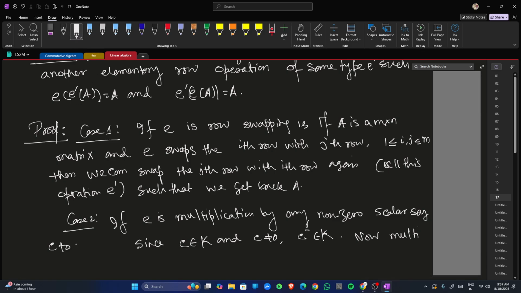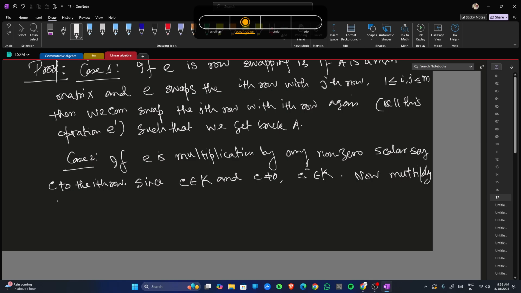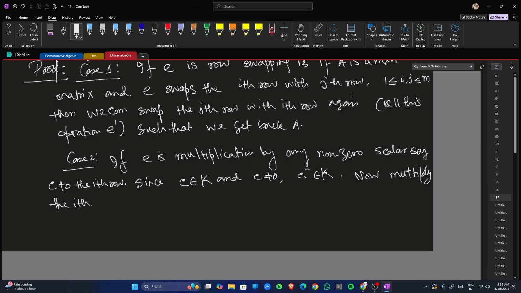Now multiply the ith row by C inverse so that we get back A.